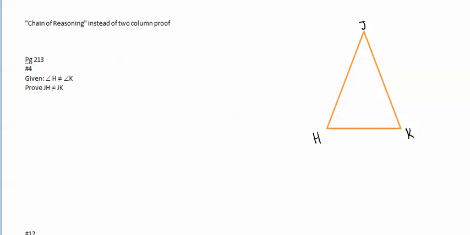If we know that angle H is not congruent to angle K, there are only one of two possibilities. Those possibilities being that JH is congruent to JK or JH is not congruent to JK.